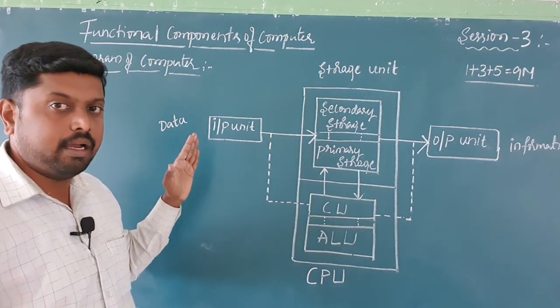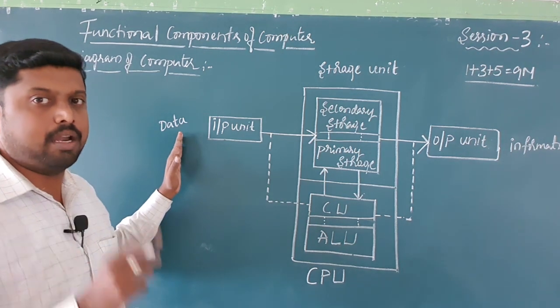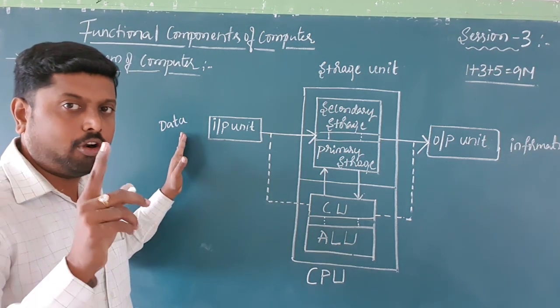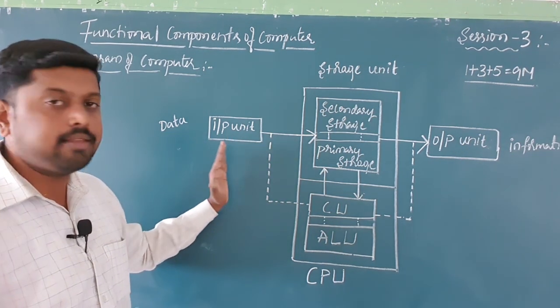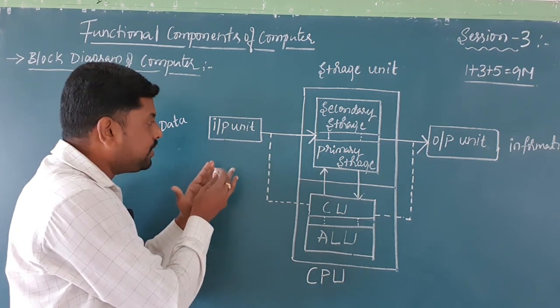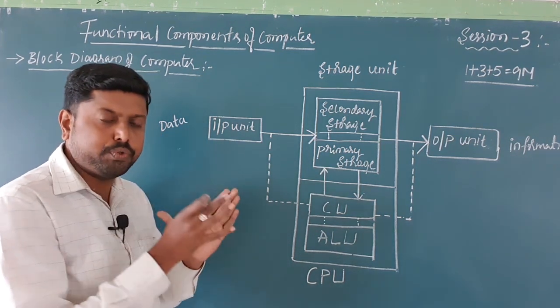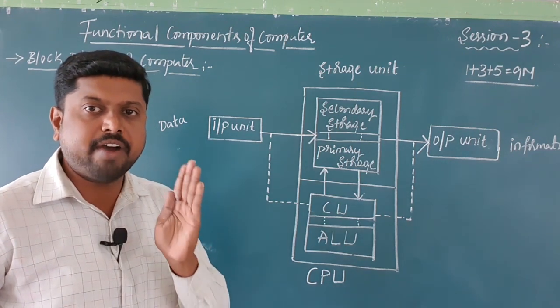Here, again, before going to the input unit, in the previous session we discussed data. Data means a collection of raw facts, figures or statistics. So this is what we call the input unit, and in the input unit, the user has a chance to give inputs to the computer with the help of input devices.